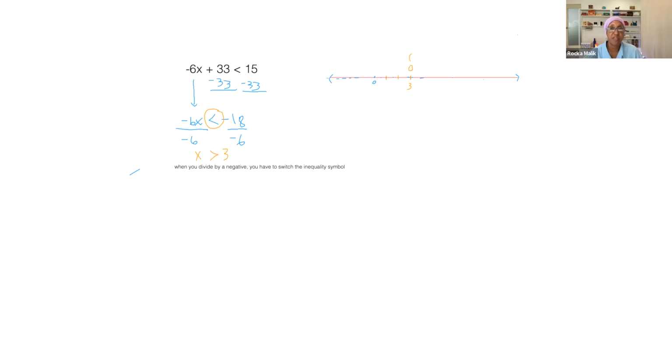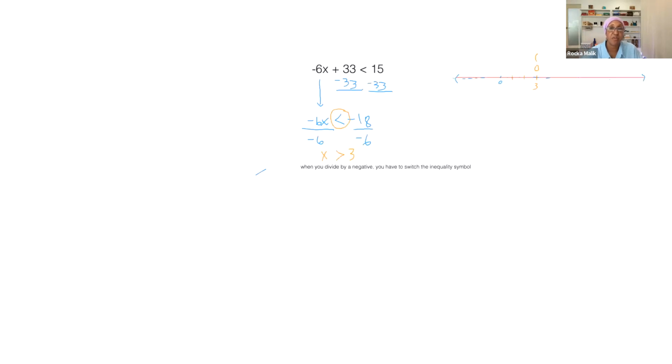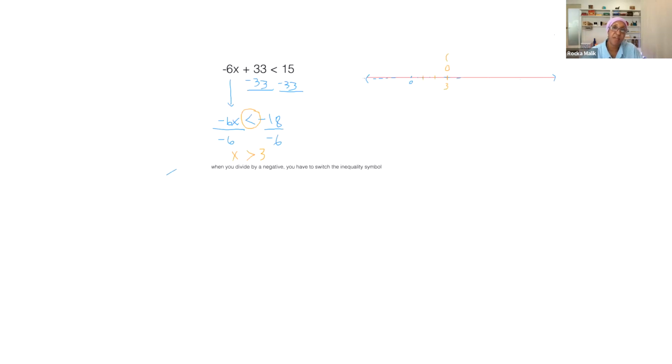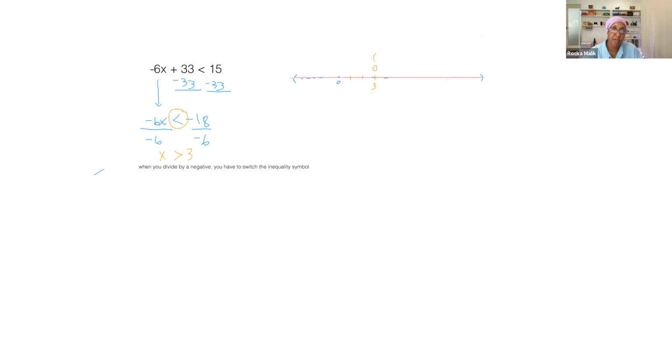I don't know which one yours does, but this shows that it is everything greater than 3, but not 3. It's not greater than or equal to 3. It's just 3.01, 3.02, 3.7. It's everything bigger than 3, but it does not include 3. So I have to have an open circle, and my arrow goes to the right.